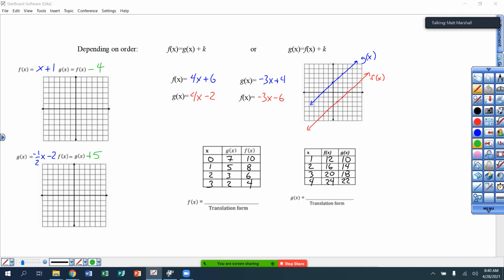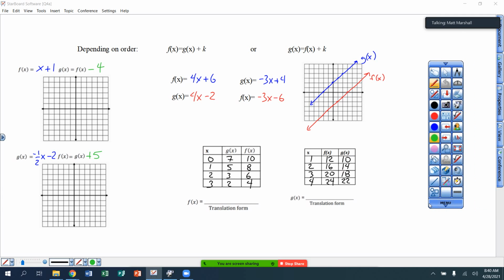This is pretty much the wrap up of this concept, linear translations. All right, here we go. Start off with me covering this up one thing at a time. These problems are where I give you the translation, the transformation equation, and I give you the first one.